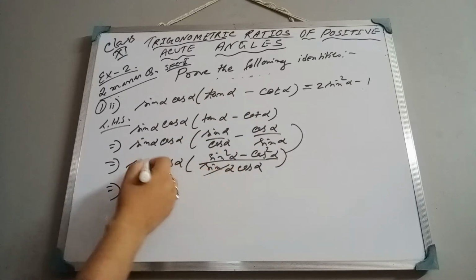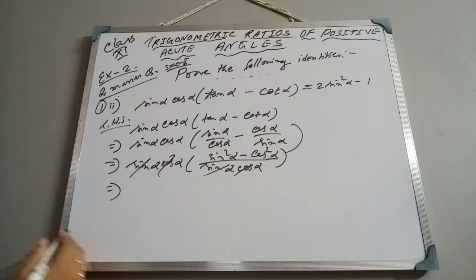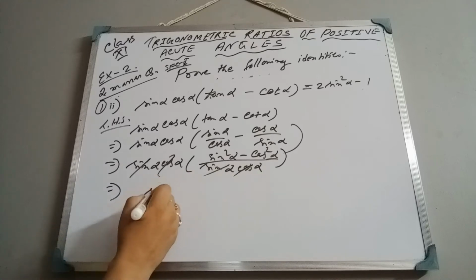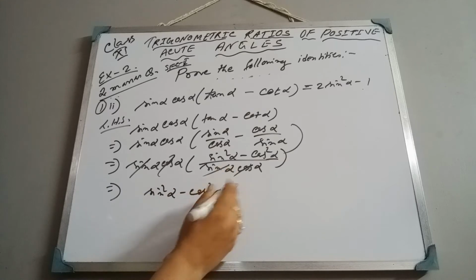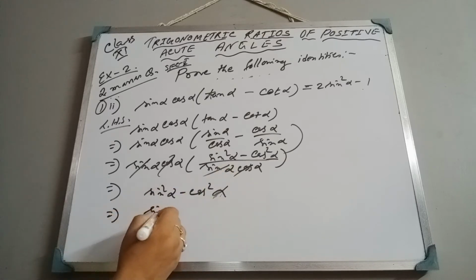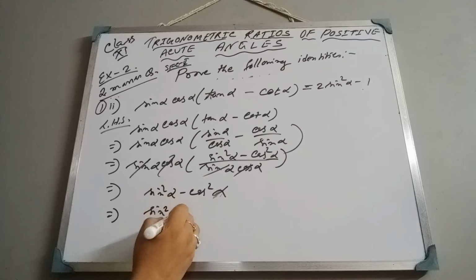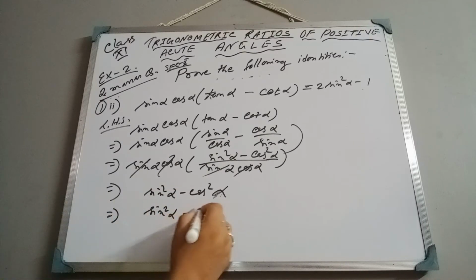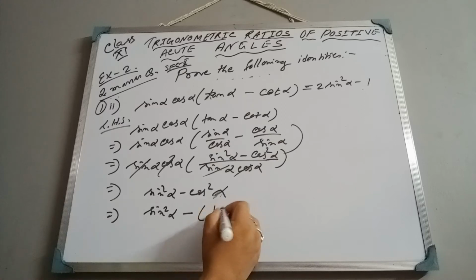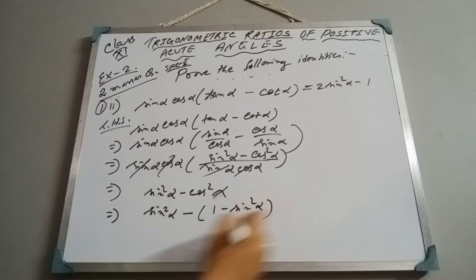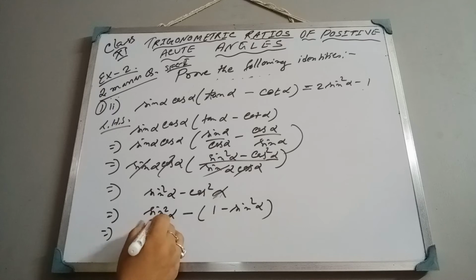Now sin alpha cos alpha, in both numerator and denominator, will be cancelled, leaving sin square alpha minus cos square alpha. As we have to prove only in terms of sin square alpha, we will keep the first term as it is, and cos square alpha we will write as 1 minus sin square alpha, since sin square alpha plus cos square alpha equals 1.